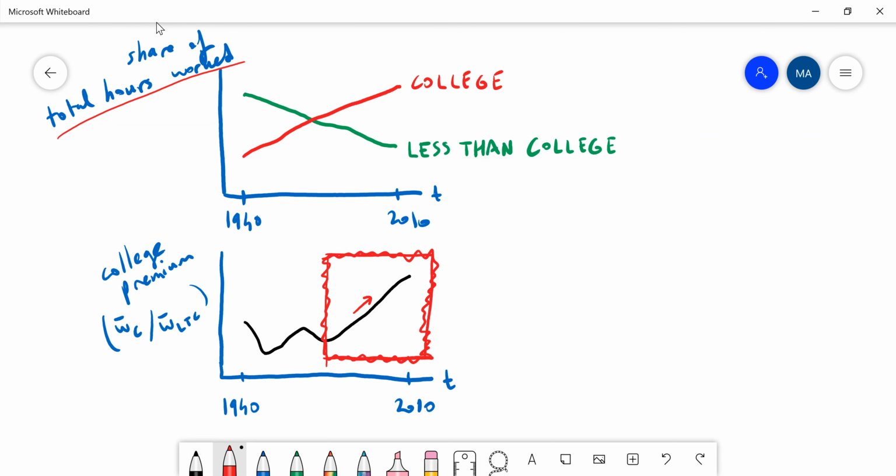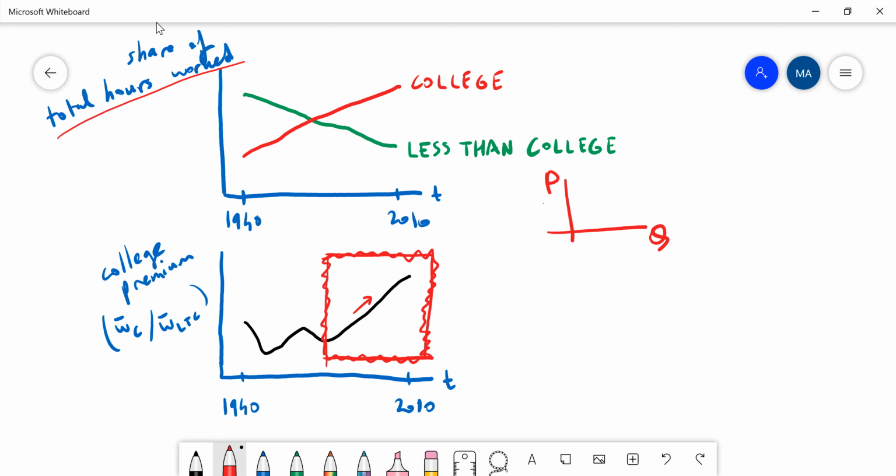But the thing is that even if supply is increasing for the college workers, or relative supply of college-educated people is increasing, right? And the relative price is also increasing. Well, how can this be possible? So suppose that this is any market, so this is price, this is quantity, right?